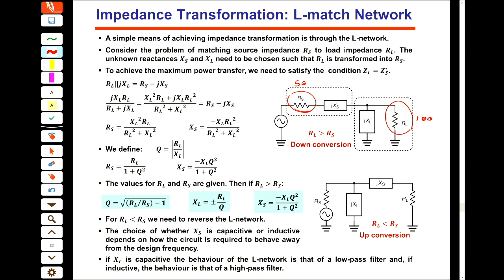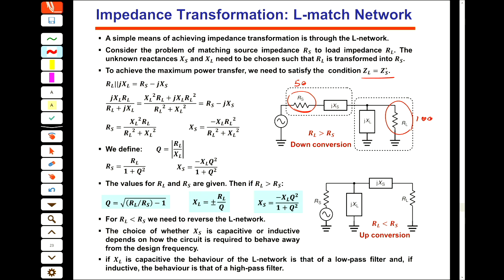Again, going back to the condition that I mentioned at the beginning, if we assume that we add two reactances like this, one in series and one in parallel, this is general. This is the simplest format, and we call it the L format, so an L matching network. It has only two components.